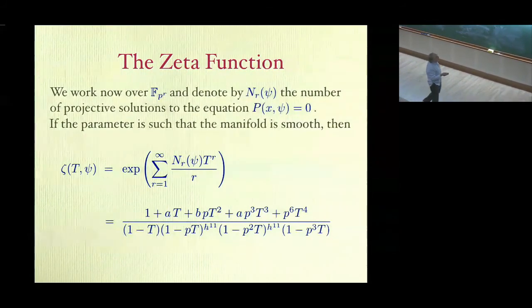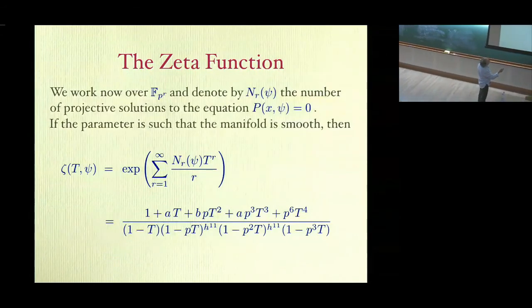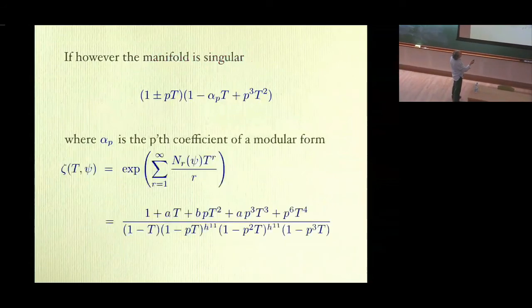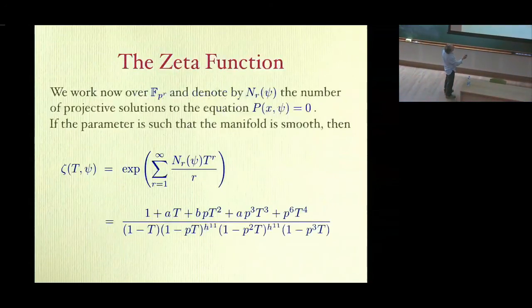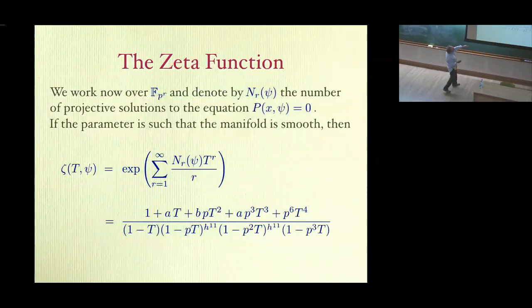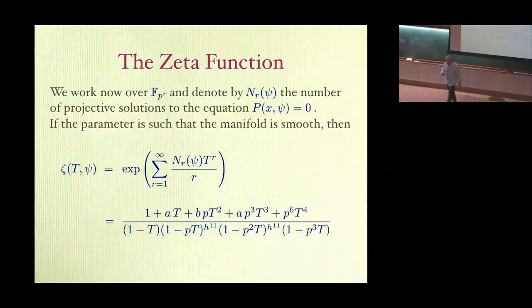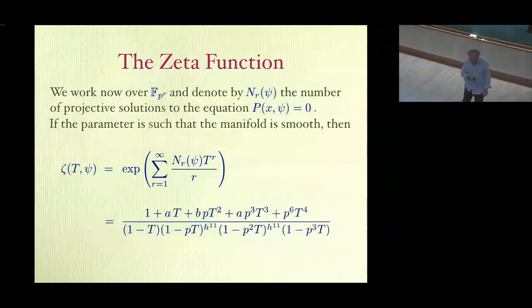You would pick a value of psi and compute these numbers. A and B depend on psi. And this is the answer if the manifold is smooth. So you get an answer, you can make tables of A and B.